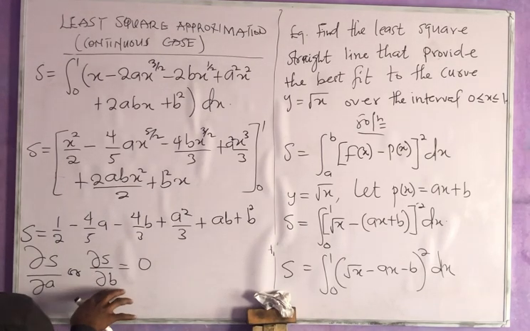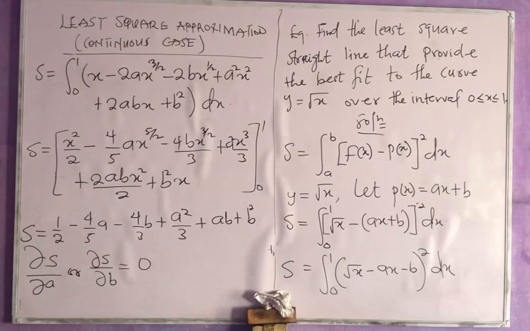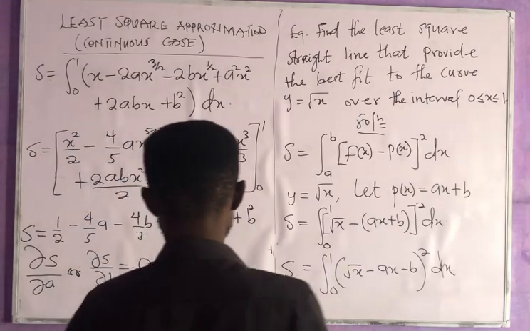Any of them or both of them have to give us 0. In fact, both of them have to give us 0.